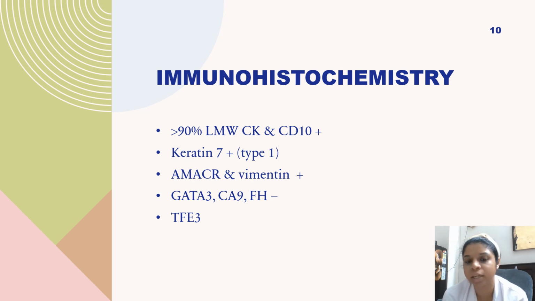Fumarate hydratase can also be negative unless it is FH deficient RCC. And then TFE3 immunohistochemistry can also be used, because I said TFE3 rearranged RCC also can show papillary features, so as to differentiate the different molecularly altered RCC from the papillary RCC.